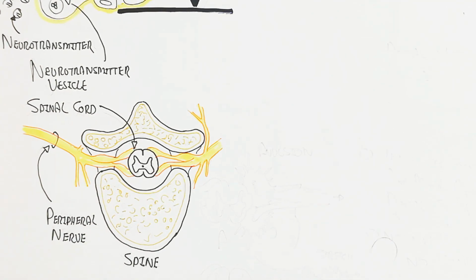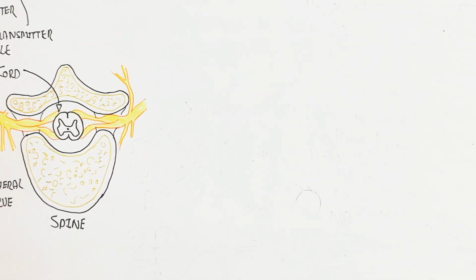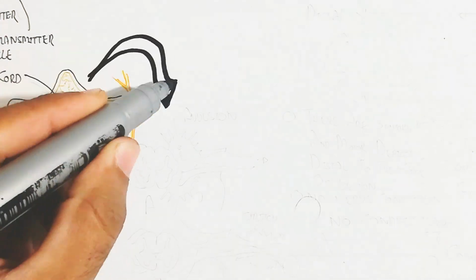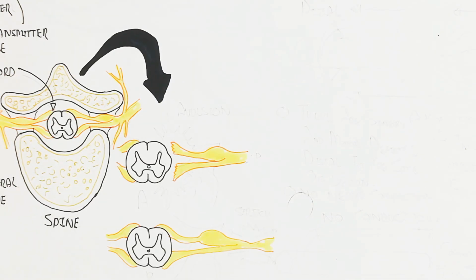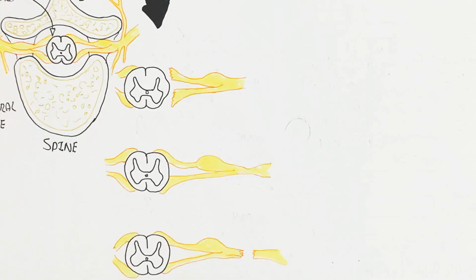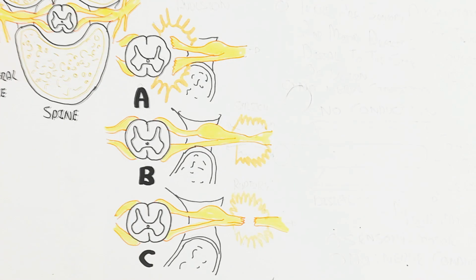These are the peripheral nerves, which arise from the spinal cord. The spinal cord is used for conduction in the body, for movement and to give a response. This is the A, B and C situation for injury, for damage to the neuron.